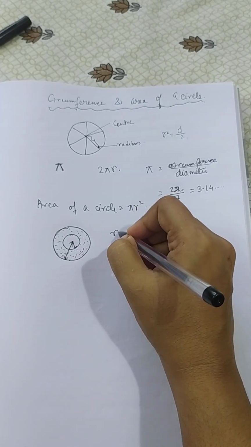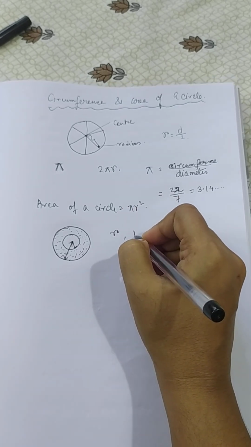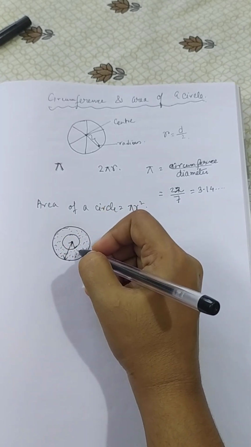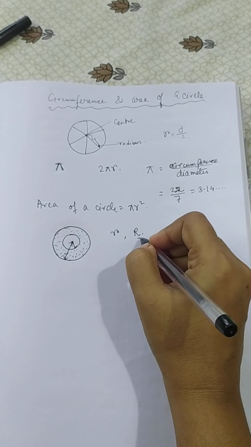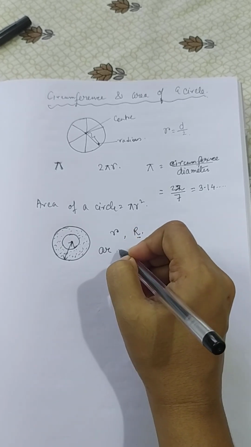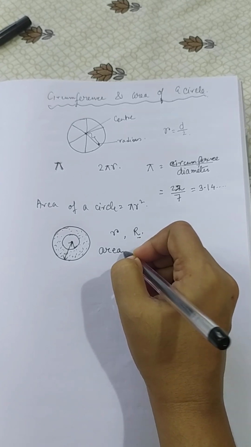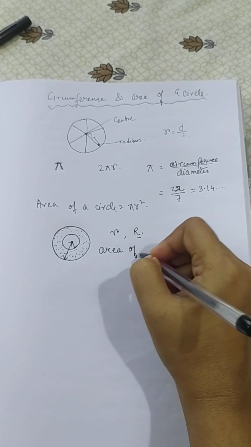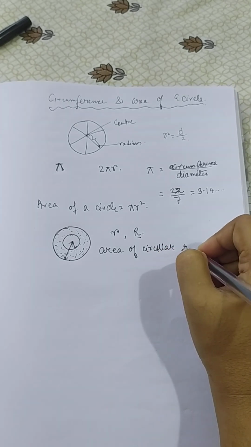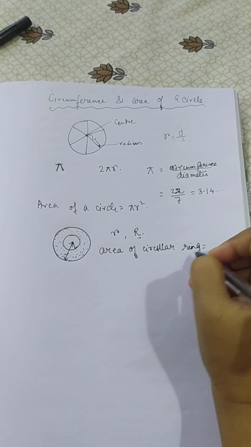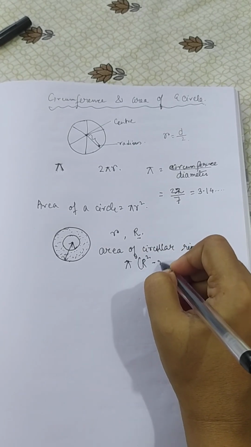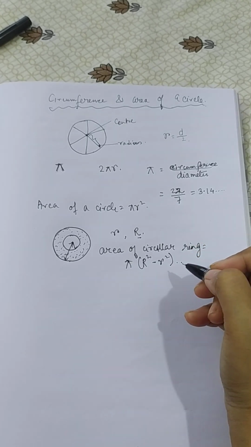If the smaller radius is r and the radius of the bigger circle is capital R, obviously the area of the ring or circular rim, whatever we can say, area of circular ring is pi times capital R square minus small r square.